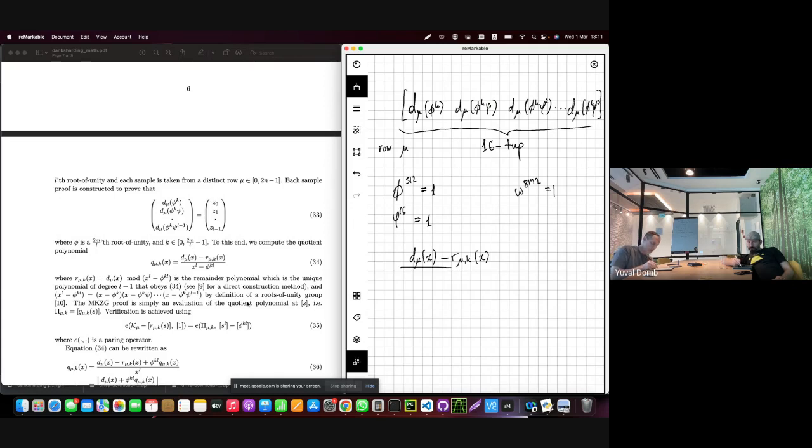And then I want to divide it by the following: phi k and then x minus phi k psi, the vanishing polynomial of this domain that I'm interested in. And this is 215, I guess, so that's just what I had up here.